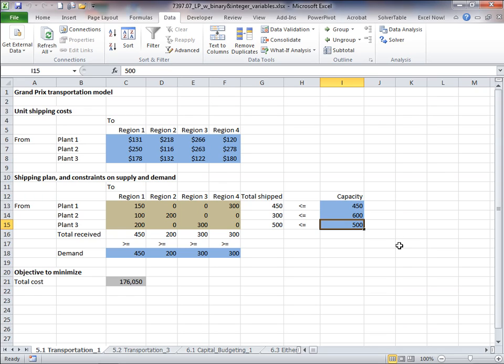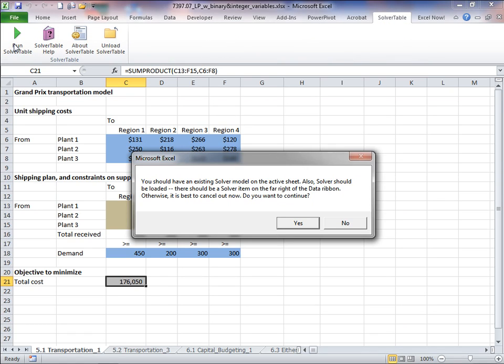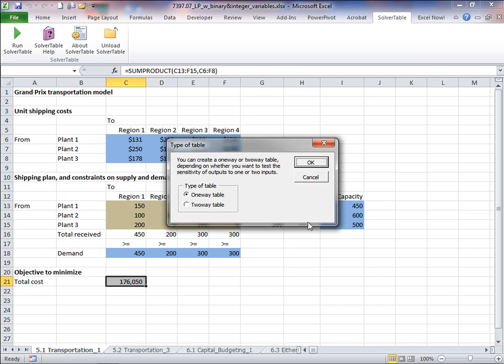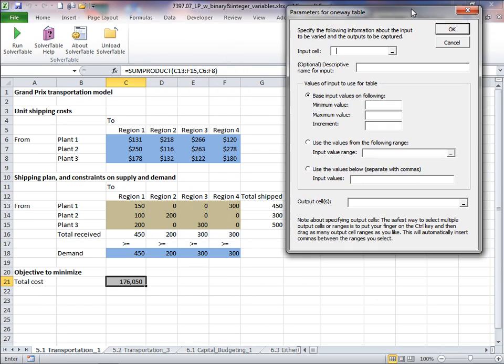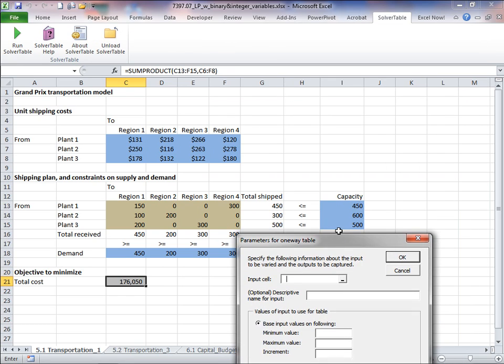Well, let's test it out. When we ran the solver model, we got this answer. So let's go ahead and use solver table now. I'm just going to make a one-way table because I just want to test it out. All right, my input cell is going to be the capacity of plant number 3, because that's the one I just did the math on.